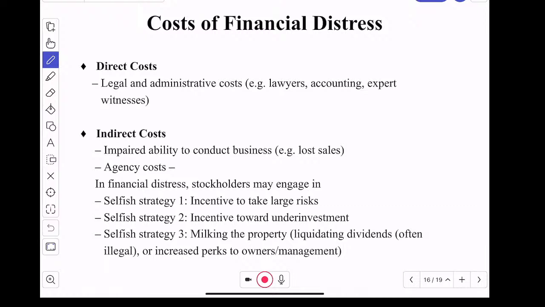There's also selfish strategy 3, known as milking the property. So they have an incentive to liquidate dividends, or selling off parts of the firm and then paying that to shareholders as dividends. And in compensation, managers will pay themselves as well with perks. So they'll get bonuses.